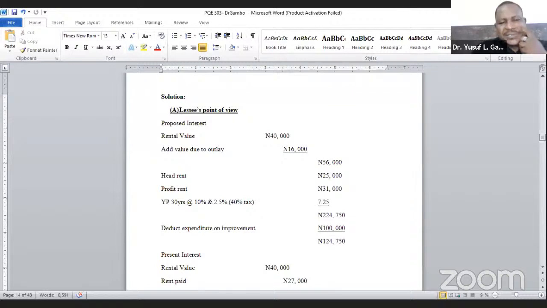That is that. Because here, we are considering a longer period of lease, which is for 40 years.